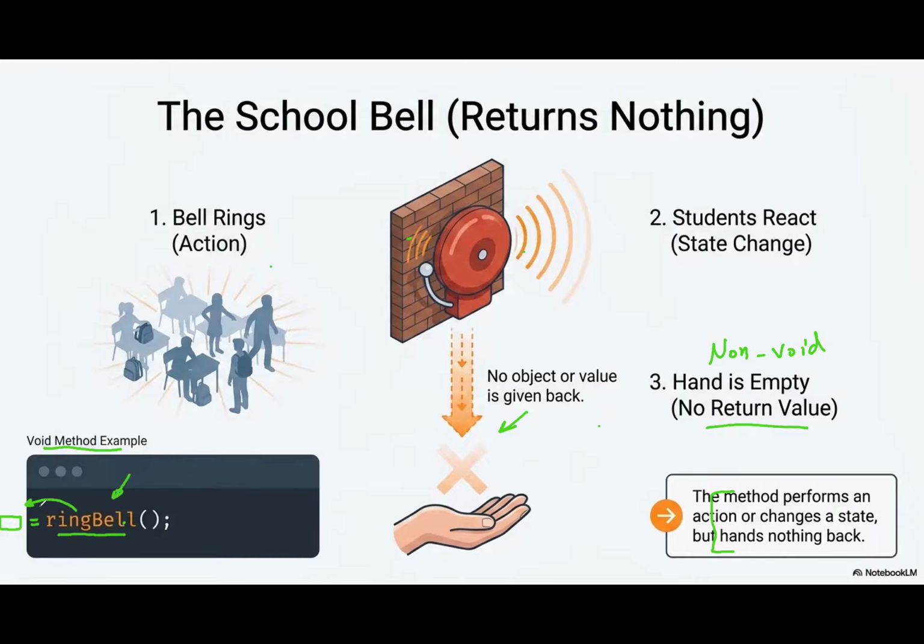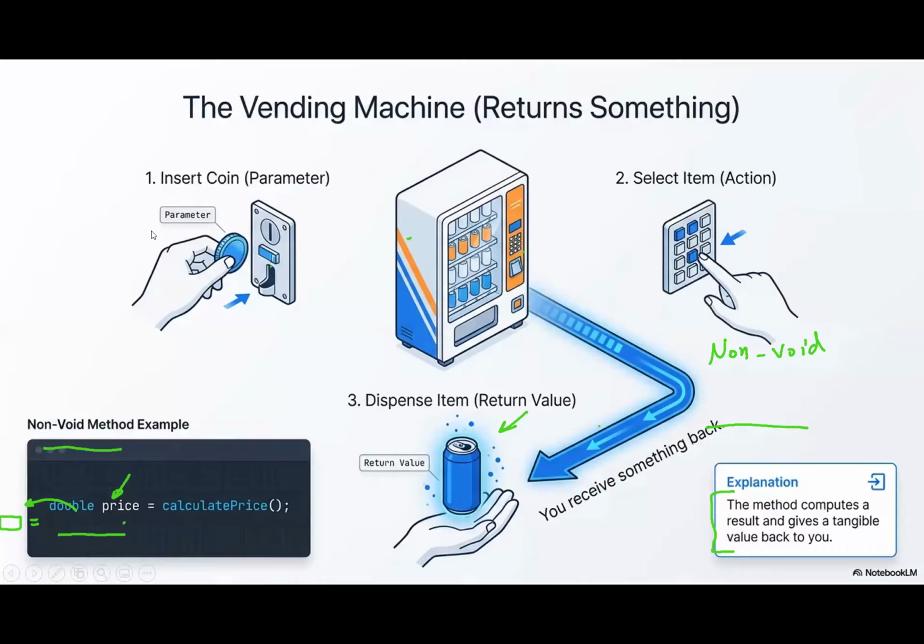But if I want to compare it to the previous one, we have an equals sign here. So I call a method. This is a method call. And I put an equals sign and a variable. The variable of type double saves whatever calculate price returned to me.